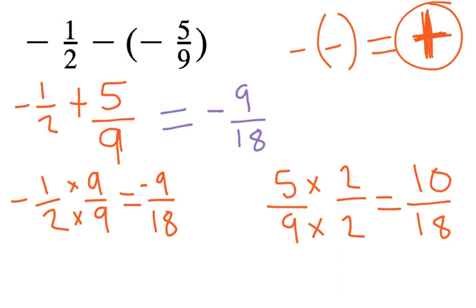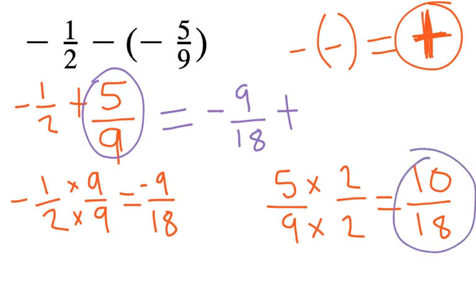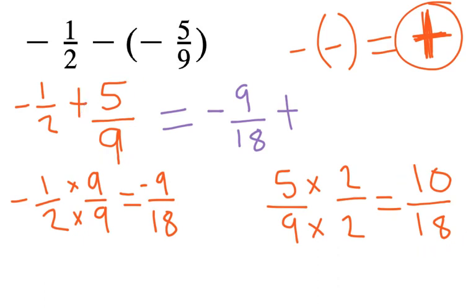So my new problem is, for negative 1/2 we got negative 9/18, and for adding 5/9, we're now adding 10/18. And that's the exact same problem. It's just that now we made it so they had the same denominator.